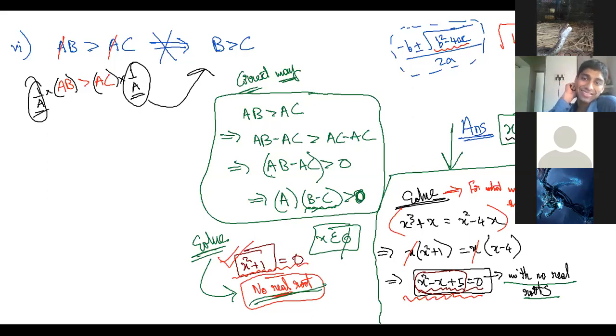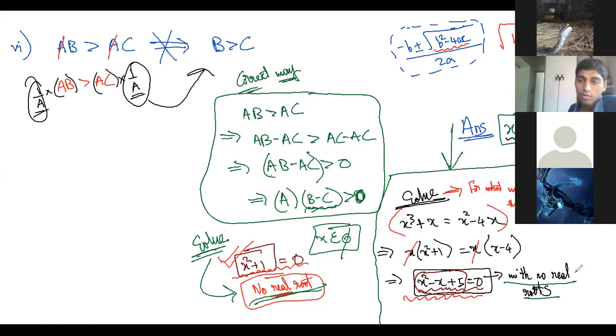But how come we did not get it in the answer? 0 cube plus 0 is equal to 0 square minus 4 into 0. Isn't it true? Yes, sir. Then from where did this come? What is wrong with the maths here?